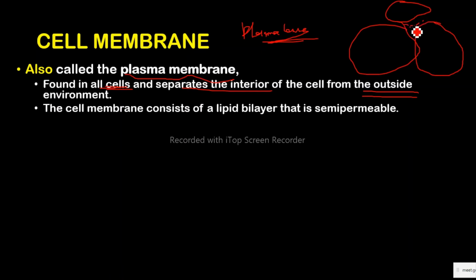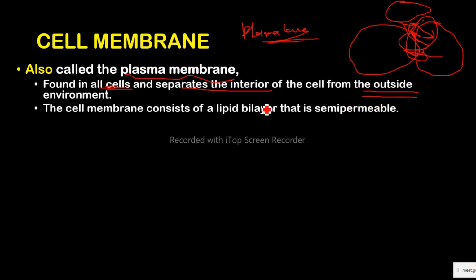Okay? So, whatever is here should not just cross into this cell. And also, whatever is in this cell should not just cross to the outside of the cell. So, what determines that? You must have a gatekeeper. And a gatekeeper is our cell membrane. So, this cell membrane is the one which regulates, and it is the one which separates the inside of a cell and the outside.